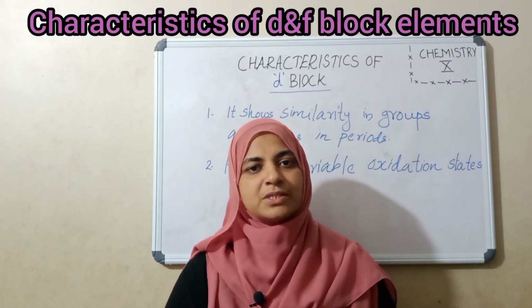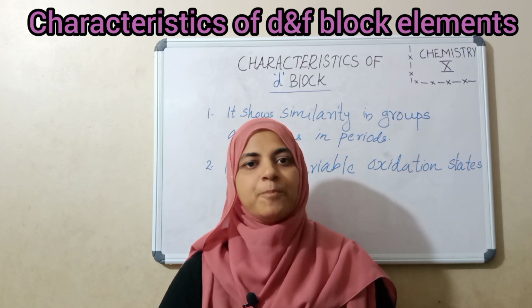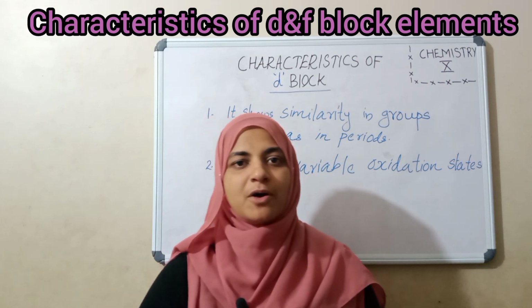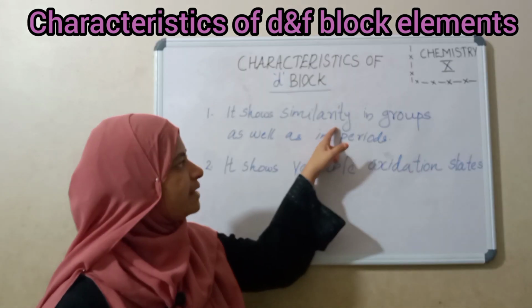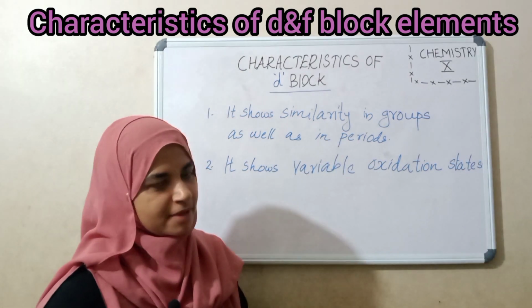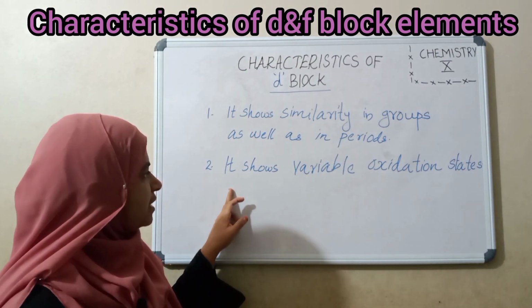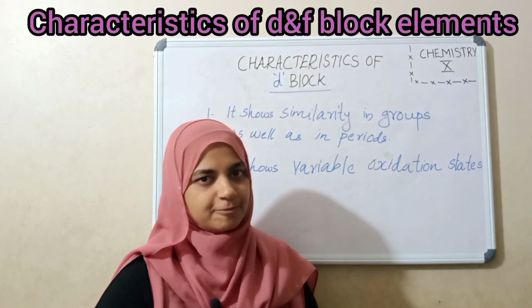Here the properties of D block elements are discussed. The very important properties of D block elements are, first, they show similarity in groups as well as in periods, and next, they show variable oxidation states.